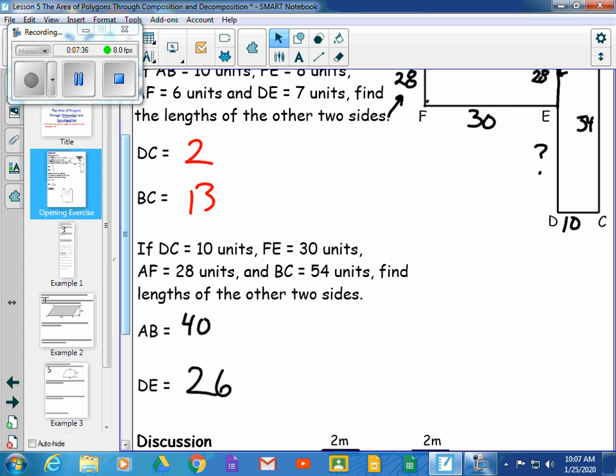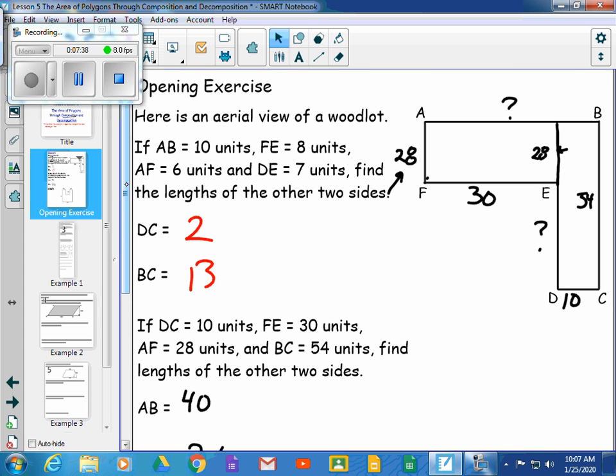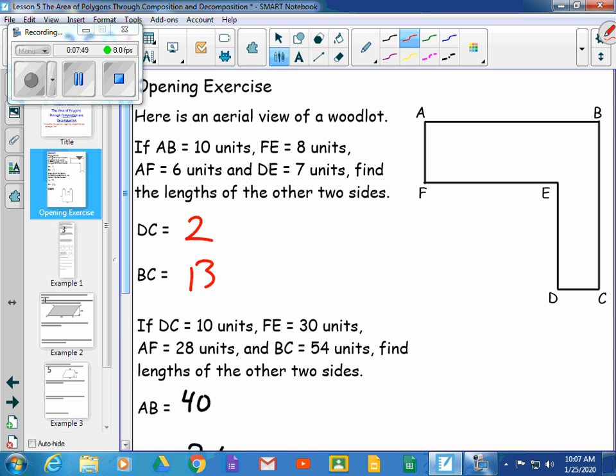So we're going to use opposite sides of rectangles. We're going to add parts to the rectangles in order to find those missing dimensions. One thing that I did not cover, and it's another option, is we can extend this like that and imagine this as one big rectangle with another smaller rectangle within it.